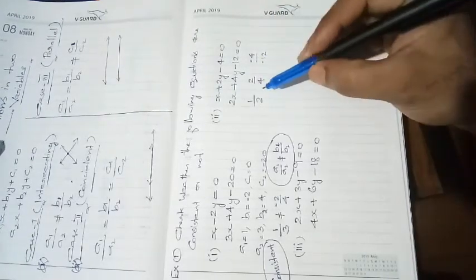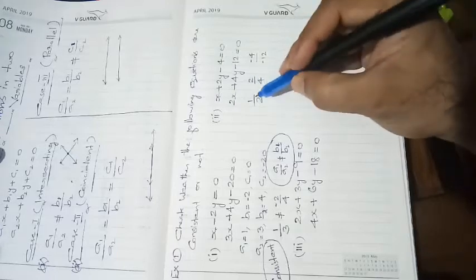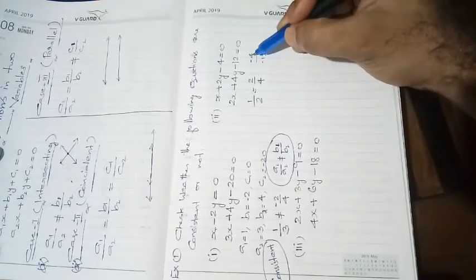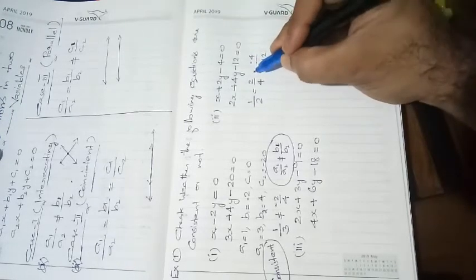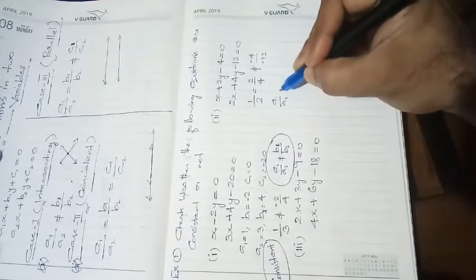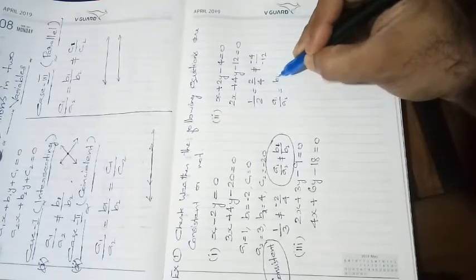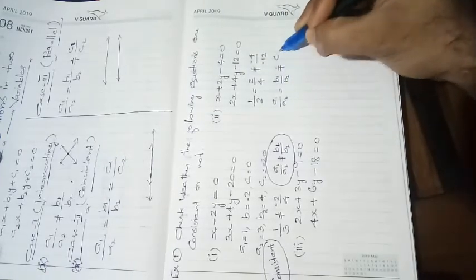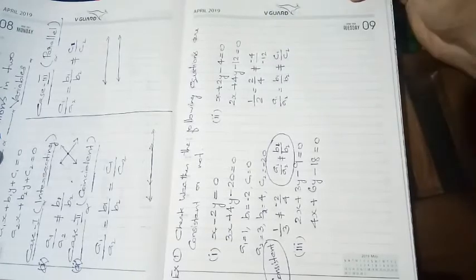By cross checking we can simply say that 1 by 2 equal to 2 by 4, but it is not equal to minus 4 by minus 12. So here a1 by a2 equal to b1 by b2 not equal to c1 by c2.